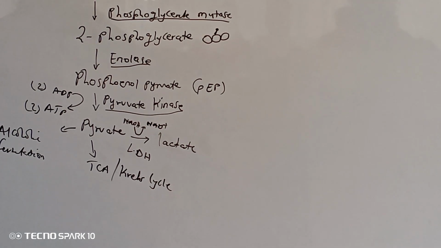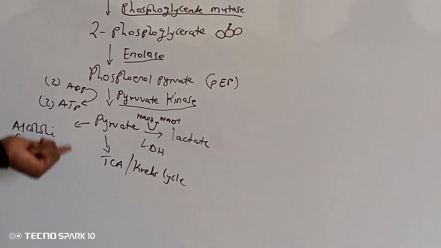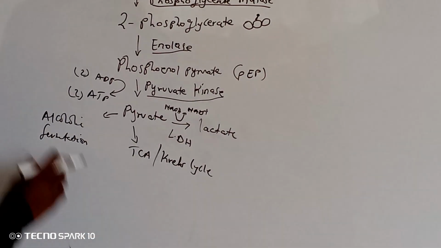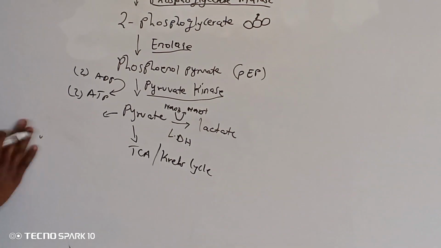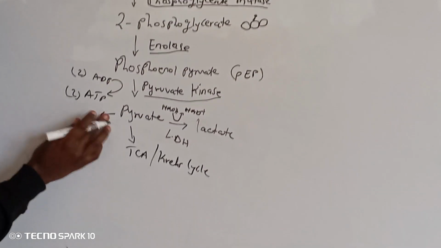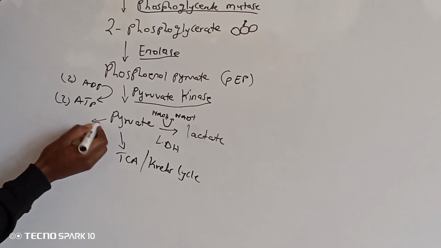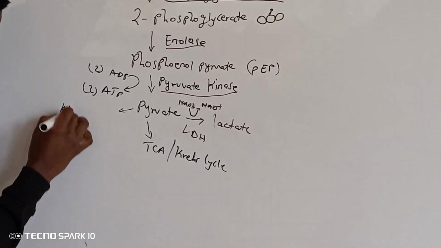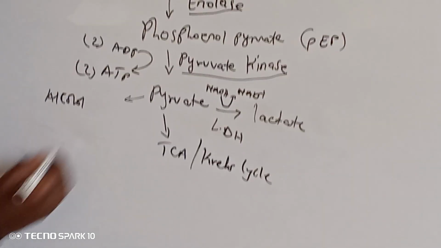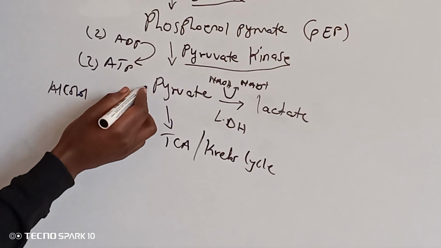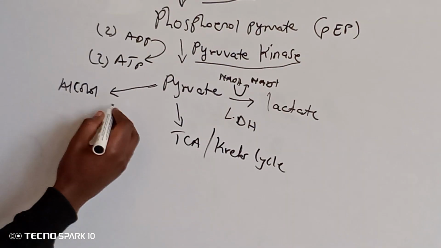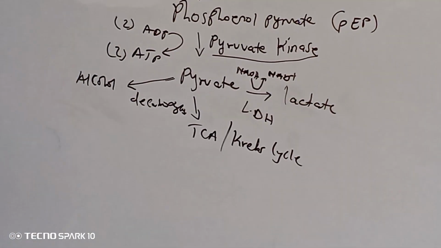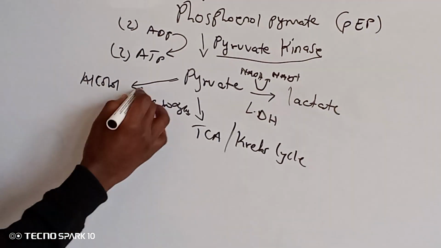Alcoholic fermentation. Pyruvate can still be acted upon by another enzyme so that we can get into alcoholic fermentation. Now let's see. Pyruvate can be acted upon by an enzyme that's going to give us alcohol. In this case, this enzyme is called pyruvate decarboxylase.